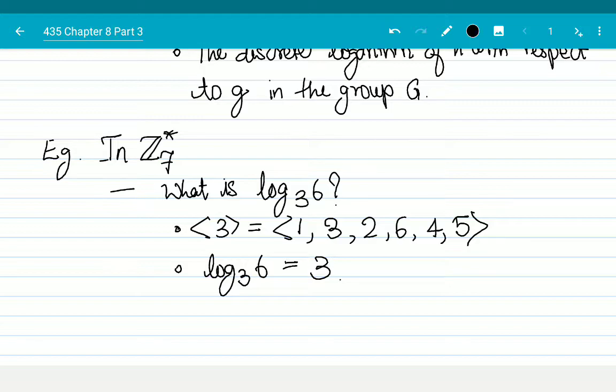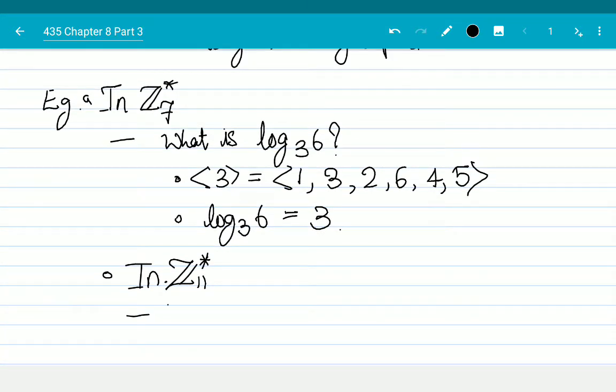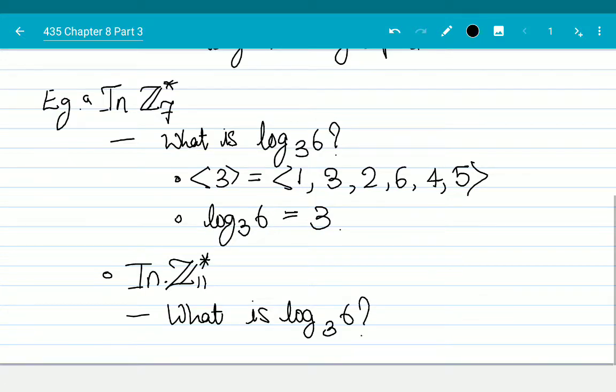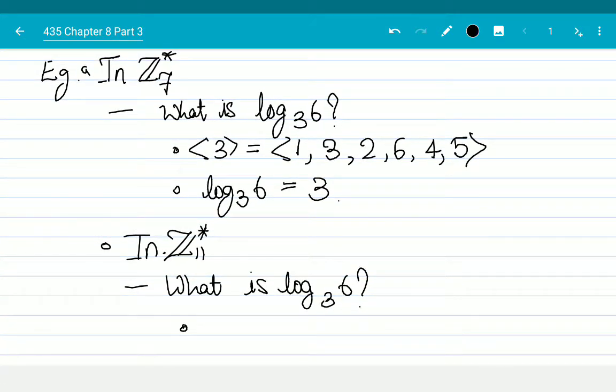What is the same thing in Z_11 star maybe? What is log to the base 3 of 6? Well, offhand I don't know if it generates or not.